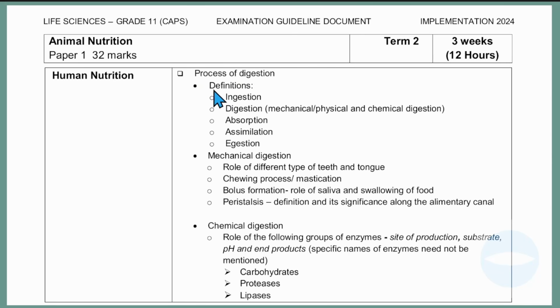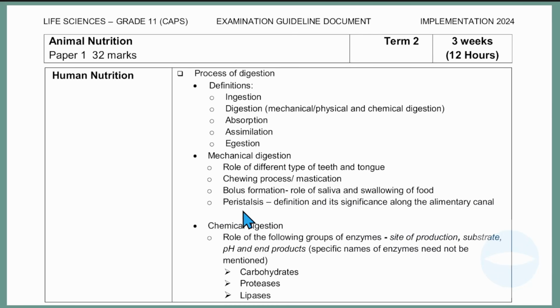I will define ingestion, digestion, absorption, assimilation, and egestion. I will define all these processes, and then I will also explain mechanical digestion. In mechanical digestion, I will explain the role of different types of teeth and the tongue, chewing or mastication, bolus formation, and peristalsis.